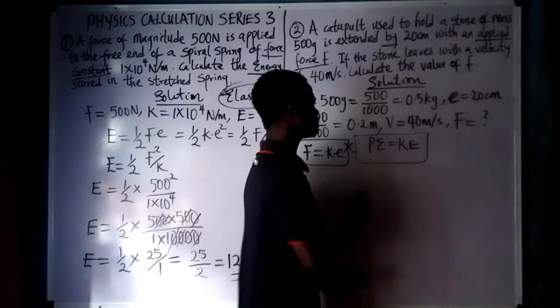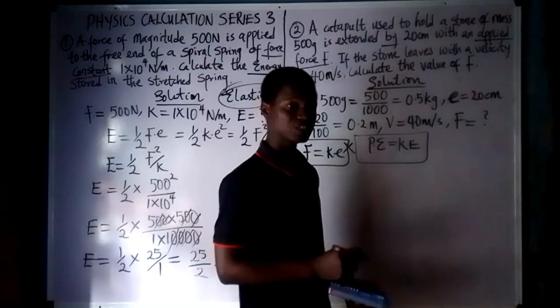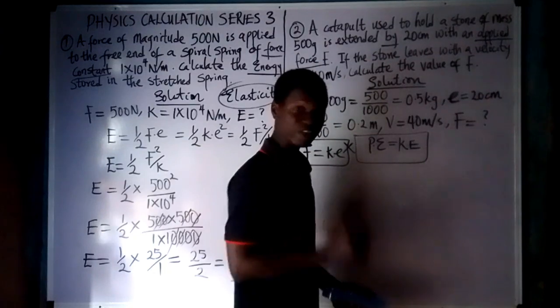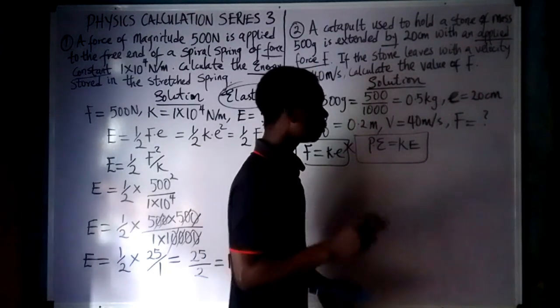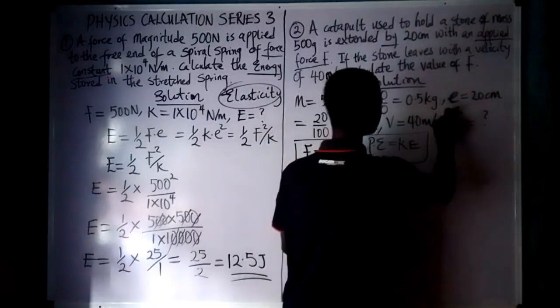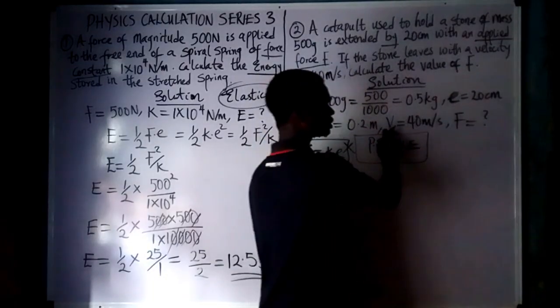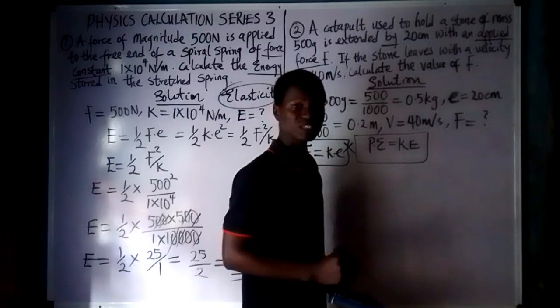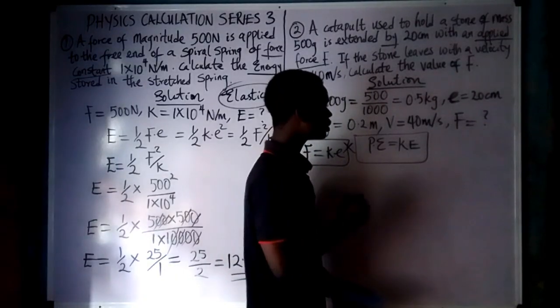Now ask yourself, is there a formula for potential energy under the topic called elasticity? There are many formulas for potential energy. But based on the fact that we're given mass and we know our extension and we're given velocity, which formula do you think we can actually use to get our potential energy from this question?